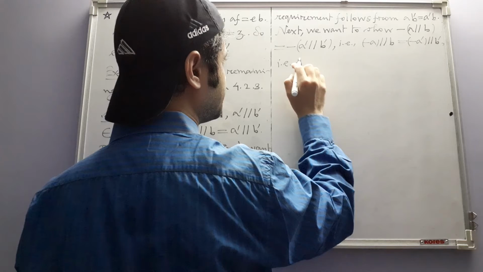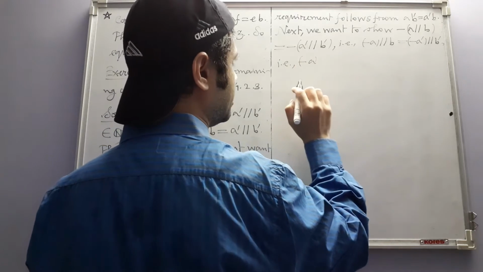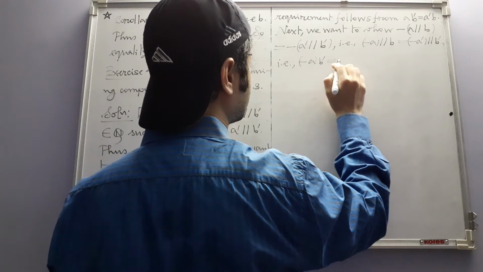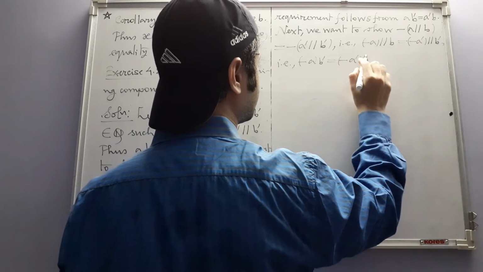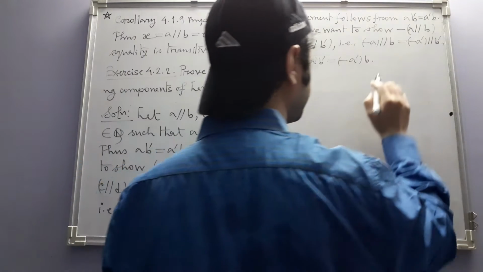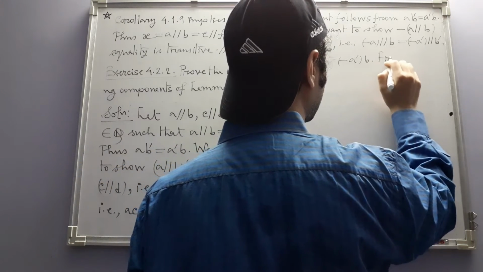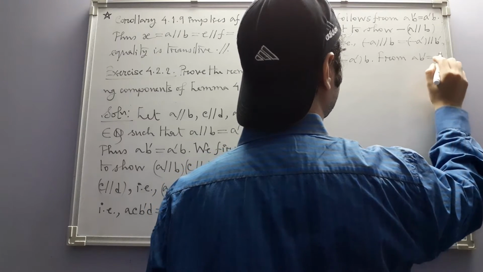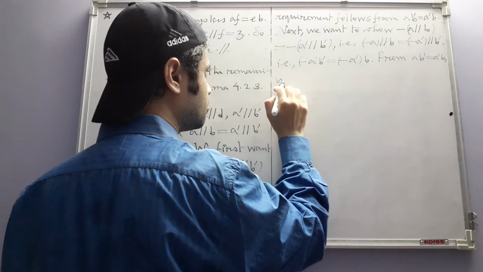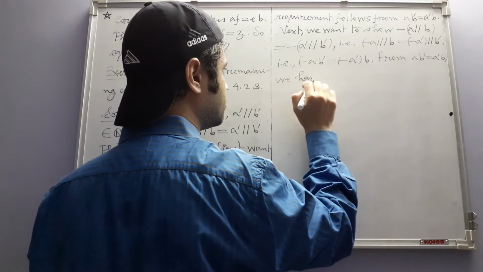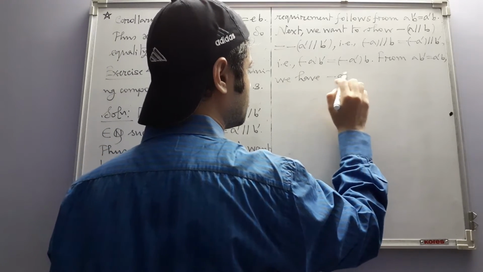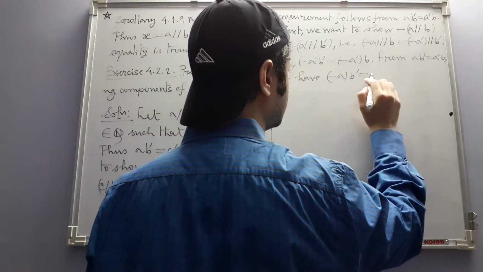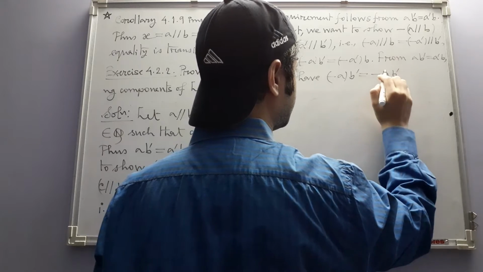That is, minus of A times B prime is to be shown to be equal to minus of A prime times B. From AB prime equal to A prime B, we have minus of A times B prime equal to minus of AB prime.